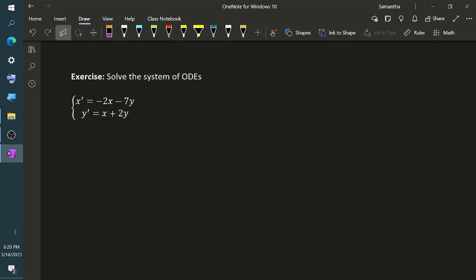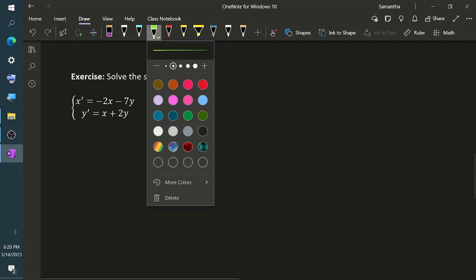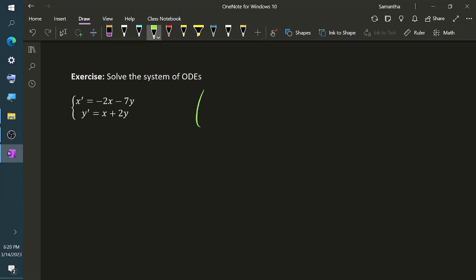For example, let's solve this system of differential equations. X prime equals negative 2x minus 7y. Y prime is equal to 1x and 2y. As always, I'm going to start by looking at this matrix containing the coefficients of x and y, and I'm going to find the eigenvalues of this matrix.